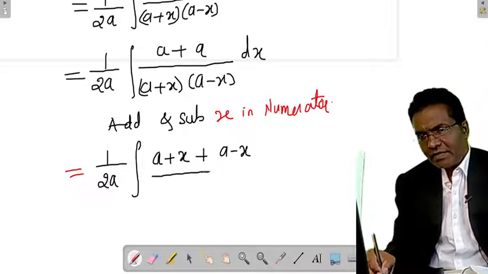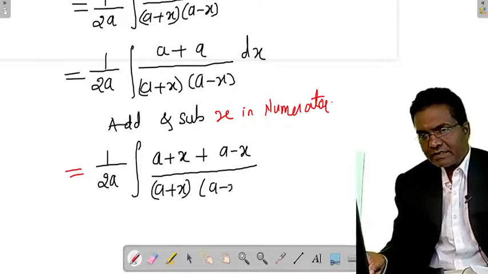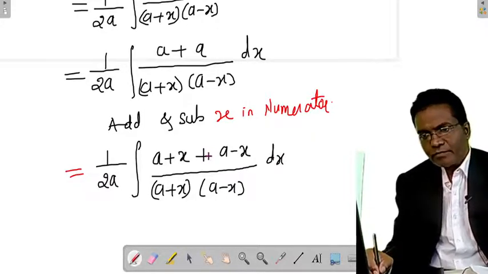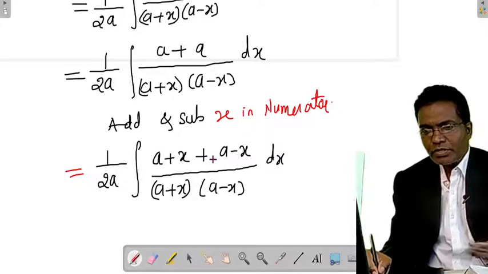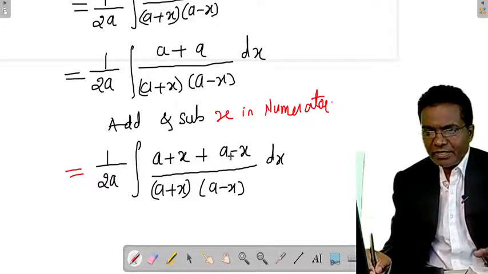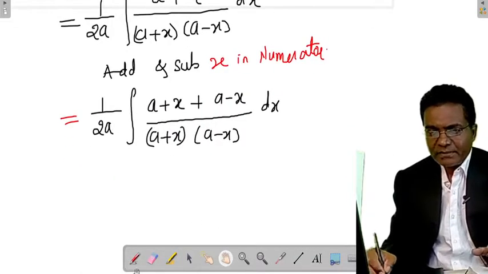So divided by a plus x, a minus x dx. In the last problem, we took minus common. Here no need, because it is already ready made. We have a minus x, a minus x, a plus x, a plus x. So simply separate them.